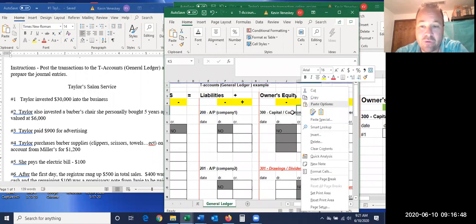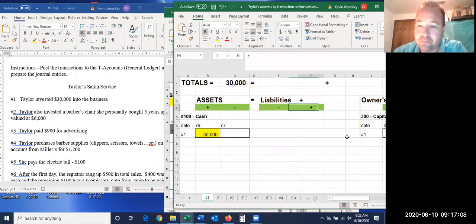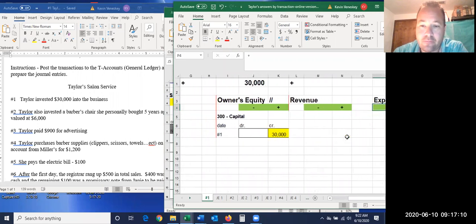Now the book is going to be using the term common stock, so that's what we'll get used to doing as well. Insert the term capital or common stock, either one. For this example, I use capital, but you can easily switch out that name and put in common stock. So over here, in my owner's equity, I have 30,000 on the plus side, and my date is number 1.